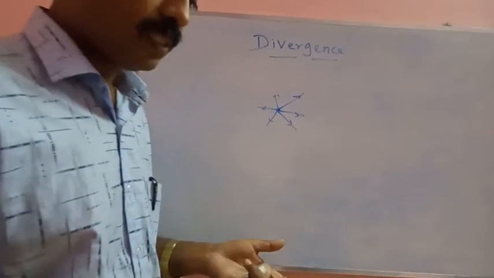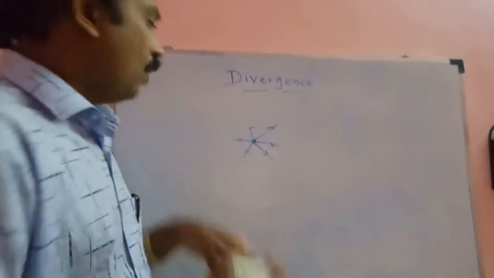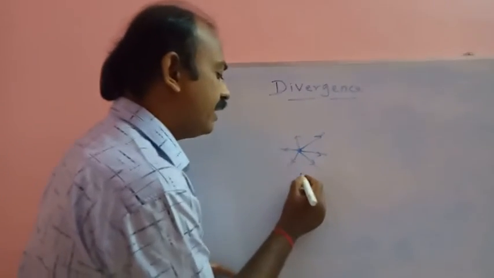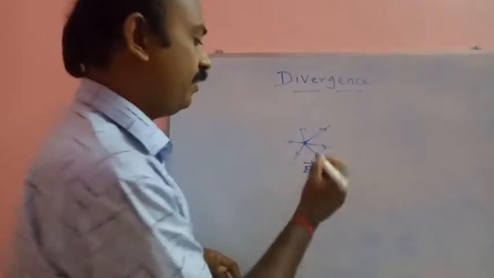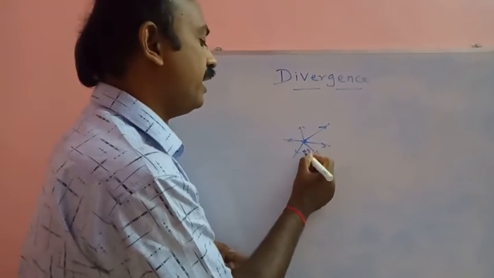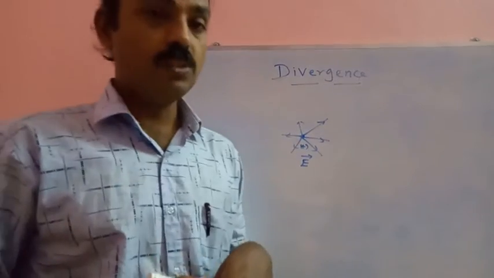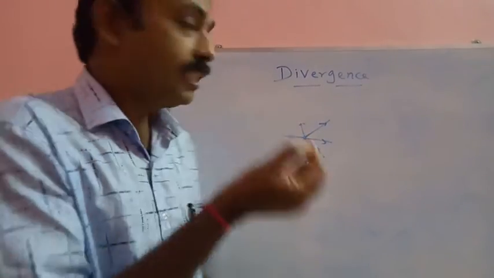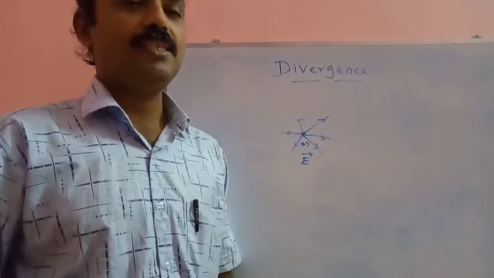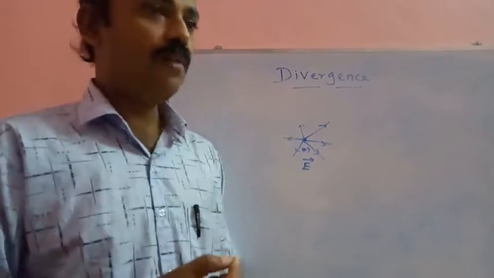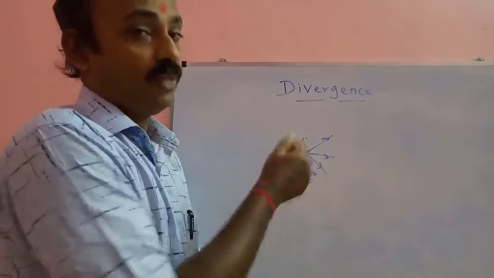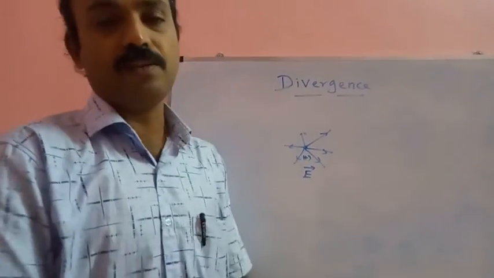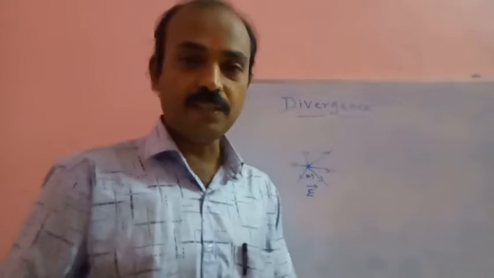So in physics, what about this vector? Mainly this E, that is electric field. Electric field always originates from positive charges. The positive charge is a point. So it's the amount of spreading out of a vector from a point. Here E is a vector, electric field intensity.